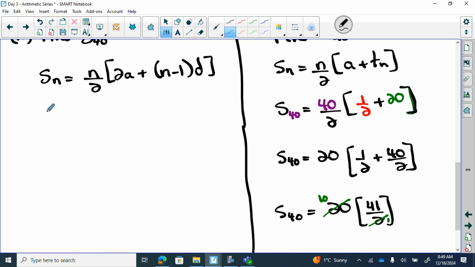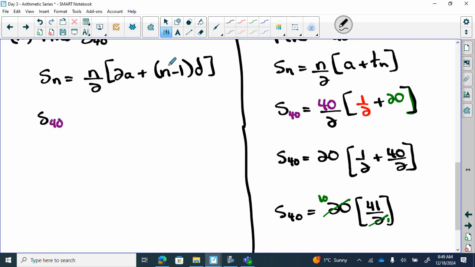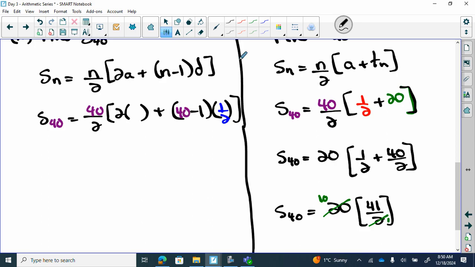If I had used this formula, I would get the same thing. 40 over 2, 2 times A plus 40 minus 1 times a half. Pump the 40s in here, and the A value was also a half.